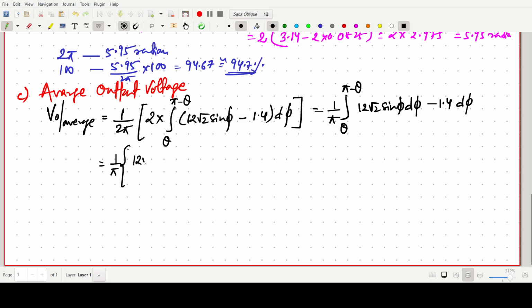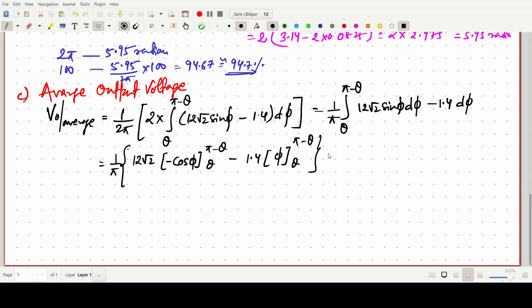Okay, so one can take 12 root 2 and in bracket we can write minus cos phi, from pi minus theta to theta, minus and then integration of 1.4, so 1.4 phi from pi minus theta to theta.